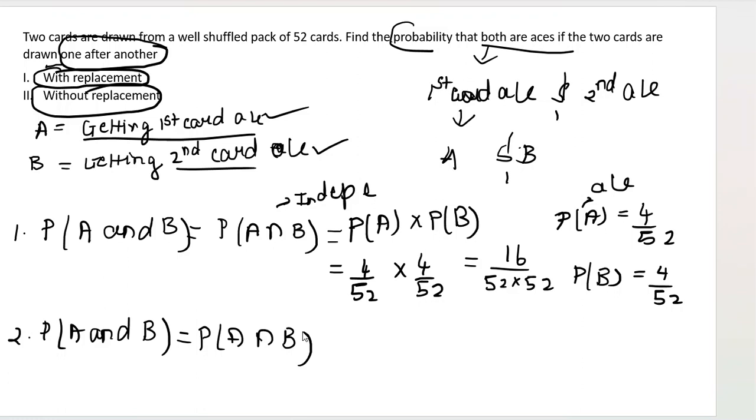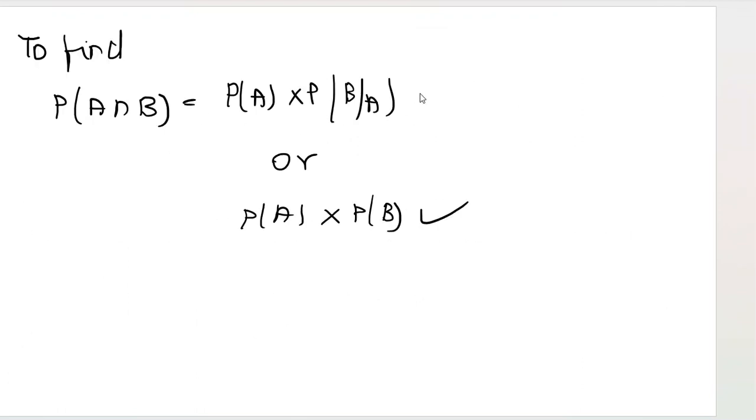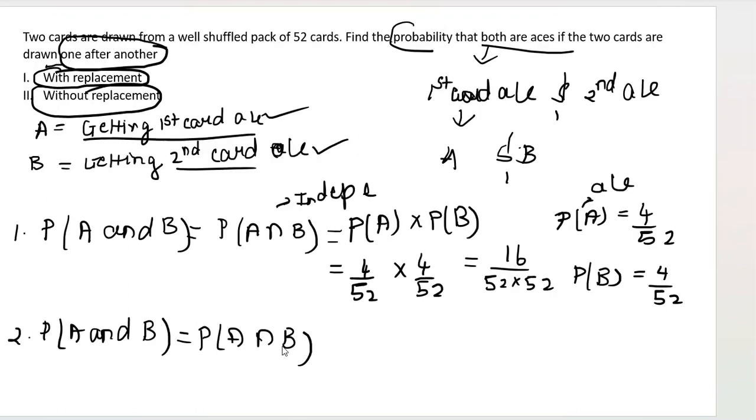So your probability of getting the second card is dependent on what happened in the first case. Therefore, we use the dependent event formula. A and B are dependent, so we use this formula: P of A multiplied by P of B by A.